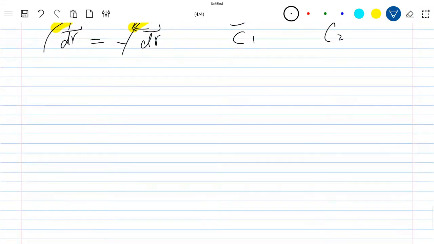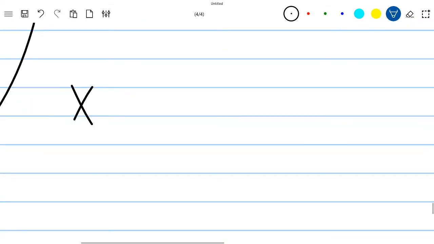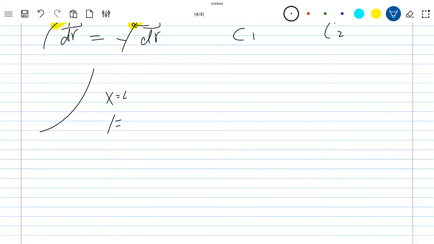All right, now let's see an example. Let's do a space curve. Say we have a curve, x equals t, y equals t squared, and z equals t cubed. It goes from the origin to 1, 1, 1.